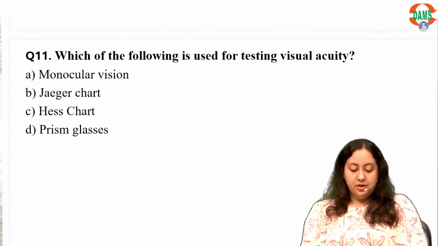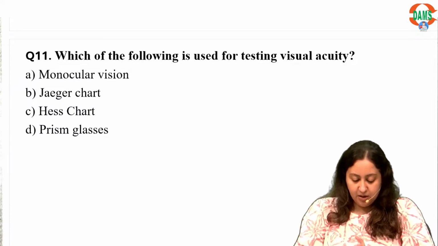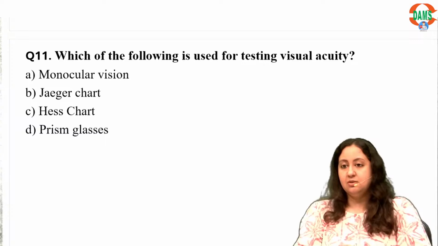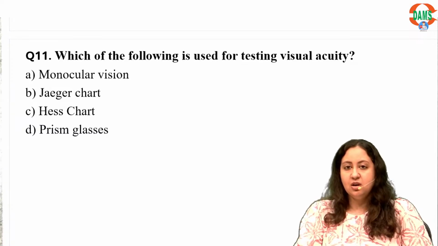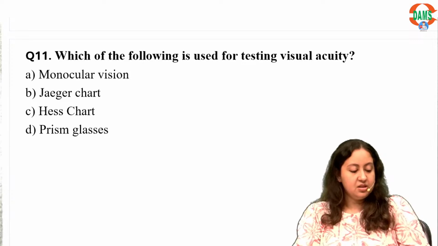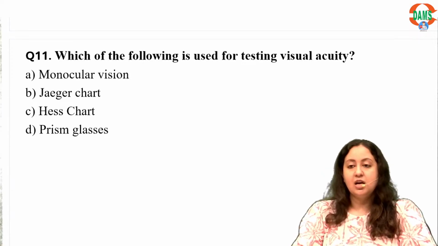Now coming to question number 11, which of the following is used for testing visual acuity? A. Monocular vision, B. Jagger's chart, C. Hess chart, and D. prism glasses. So this again was asked in the November session, and this is a difficult question, so that's why I've picked this question so that we can revise. Please let me know the answers over here.